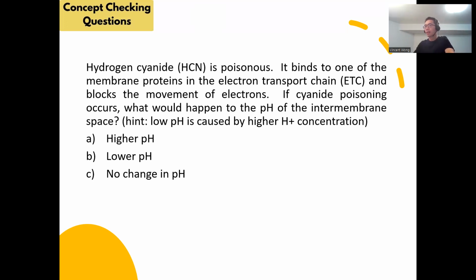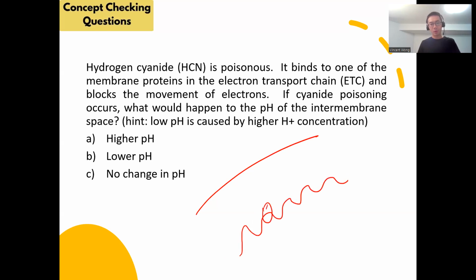All right, so this is something that's worth thinking about. Let's draw our thing again. You should know by now, because I have been pretty much repeating it the whole morning. We have our ETC here, and we are pumping H plus here, right?